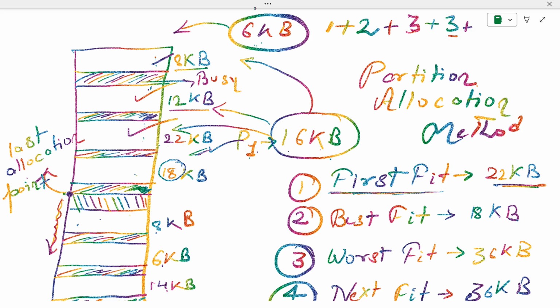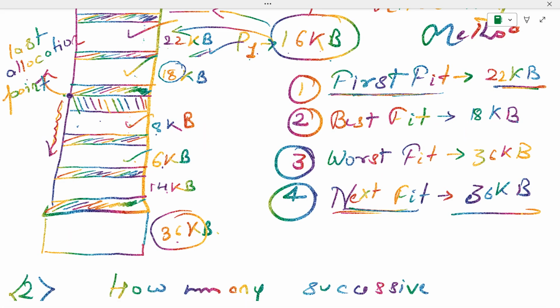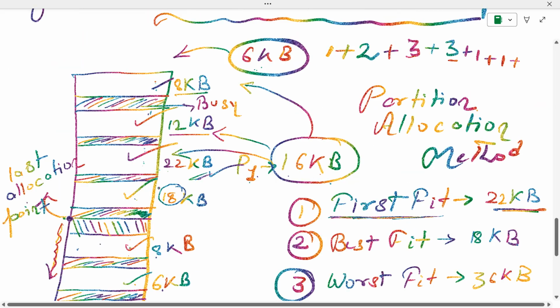Now comes 8 kb, and now you know we are moving down because we have already covered all the previous space. So the next available space is this one. Into this we can allocate only one time, and into this space we can allocate one time. So now these two are filled, and the available space is 14 kb. Inside 14 kb we can allocate two times, so let's add 2 here.